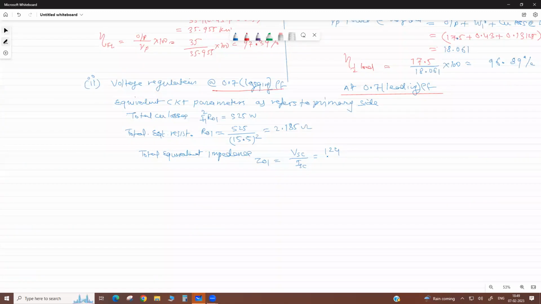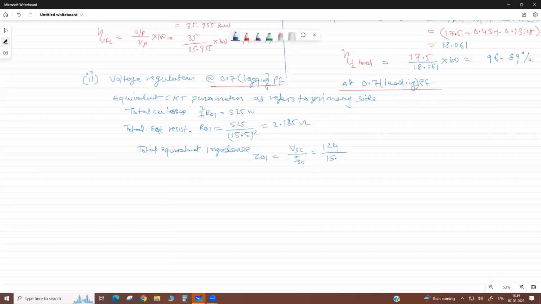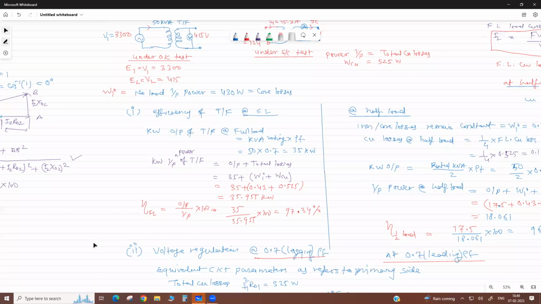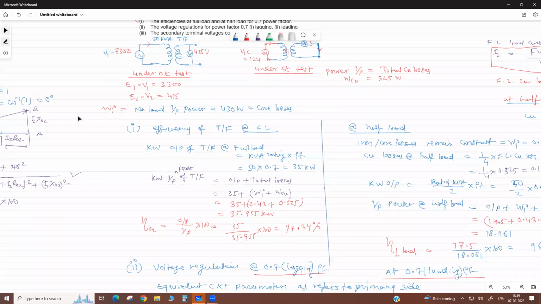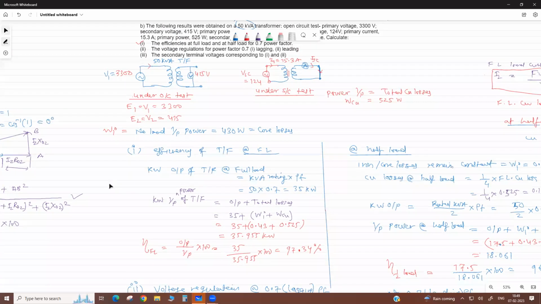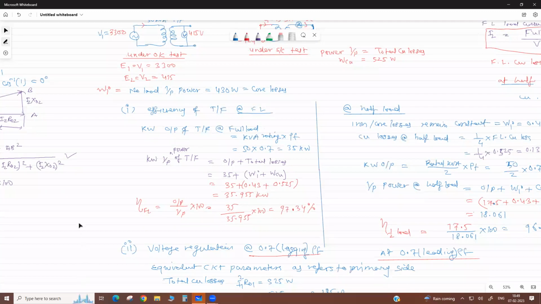So this divided by ISC is 15.5. Sorry, 15.3. The current is 15.3.